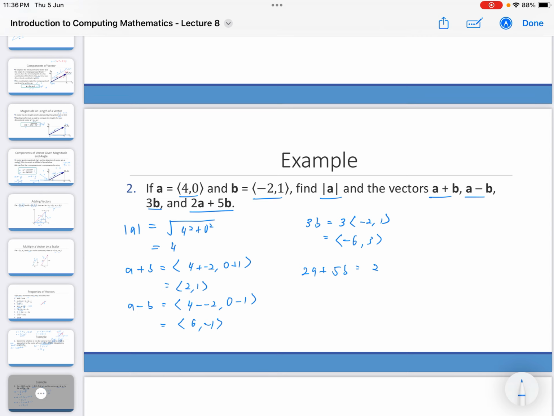So this one is 2 times (4, 0) plus 5 times (-2, 1), which is (8, 0) plus (-10, 5). And then we can add component by component. So 8 plus negative 10, we get negative 2, and then 0 plus 5, we get 5.